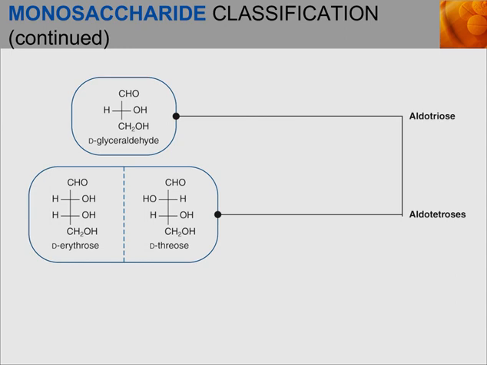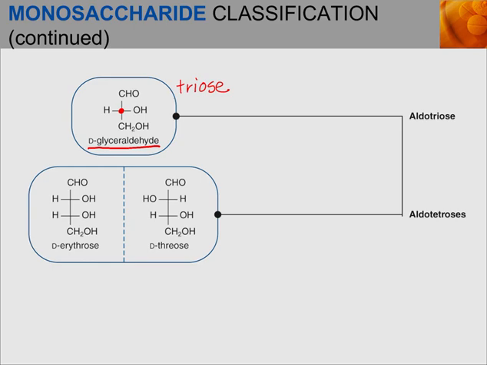Now, why does this occur? Well, if we start with our triose, again, we only have 1 chiral carbon, so we would have 2 stereoisomers, and one of those would be the D isomer. Now, let's say we add on another carbon onto our chain.